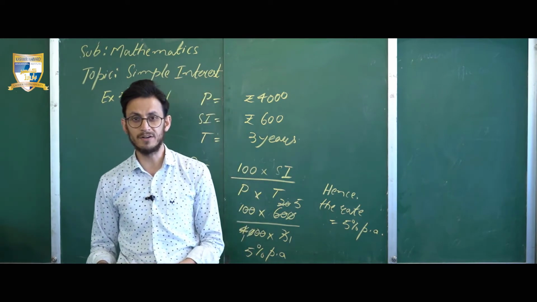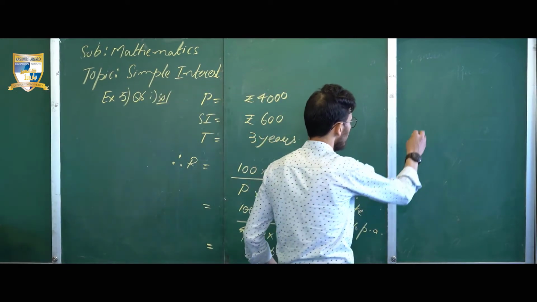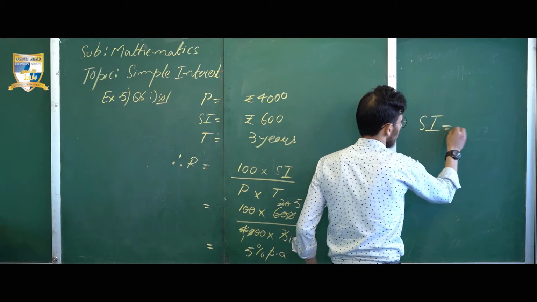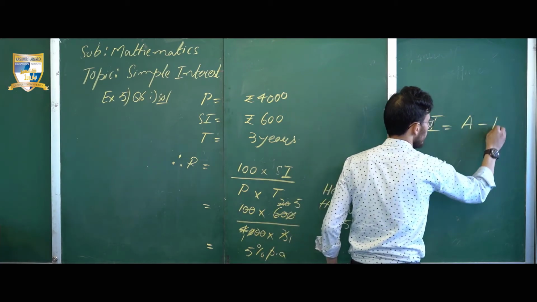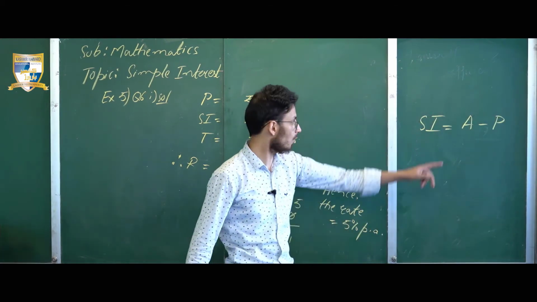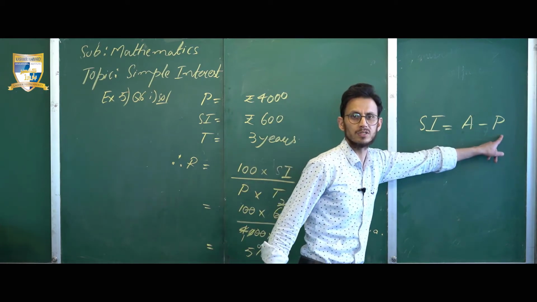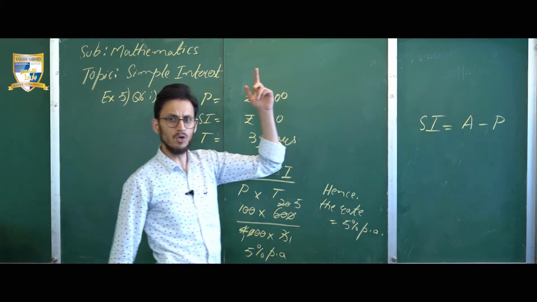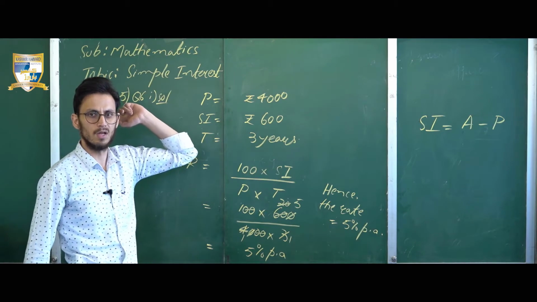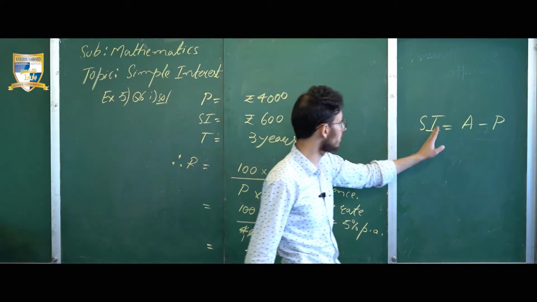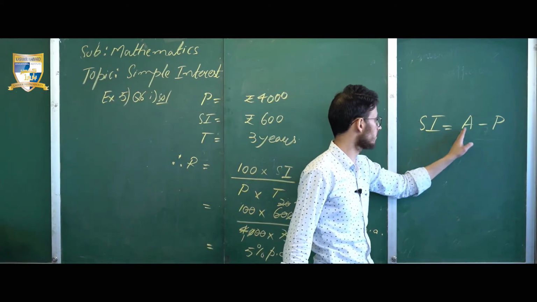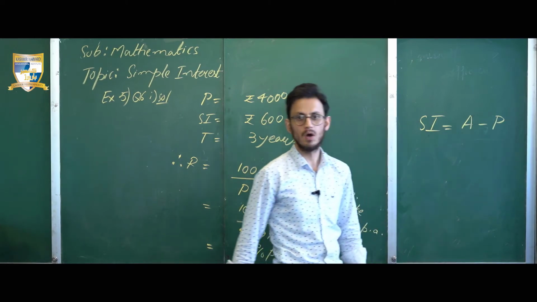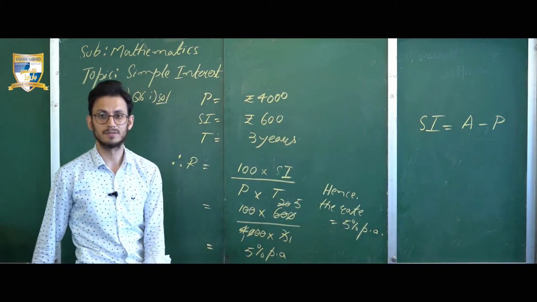To find out the simple interest, we have another formula. Amount is to be subtracted with the principal. Amount is given in the equation, principal is given in the equation. Right? Now here we need not use that formula. We can use this formula to find out the simple interest, because amount when subtracted with the principal, we get our simple interest.